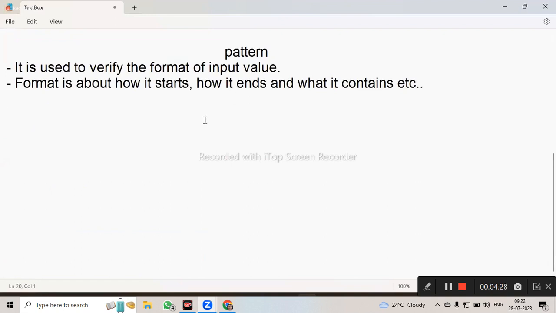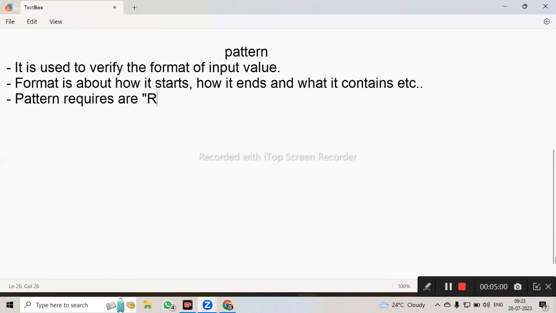Pattern will not verify whether you are typing 10 or 20 or A or B. It verifies whether it is starting with a number, ending with a string, or starting with a string and having a number. Such concepts are called format.